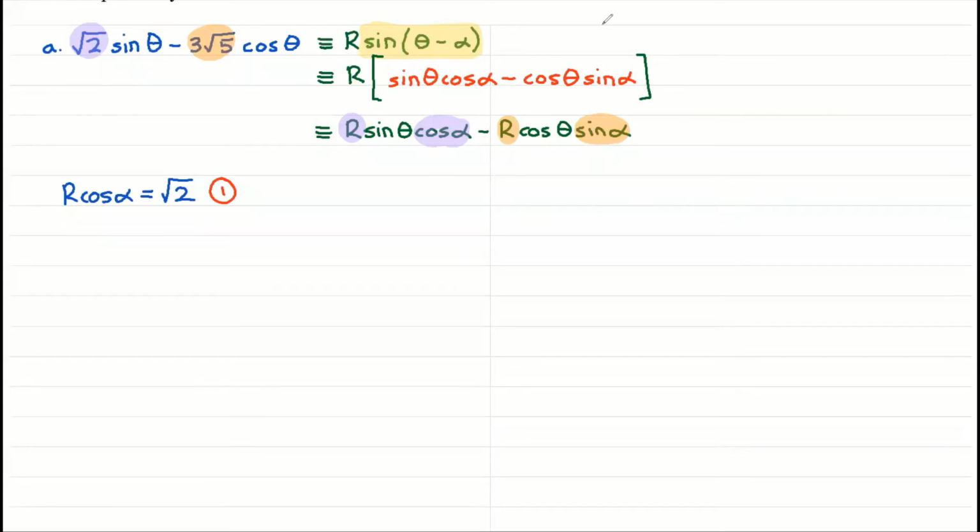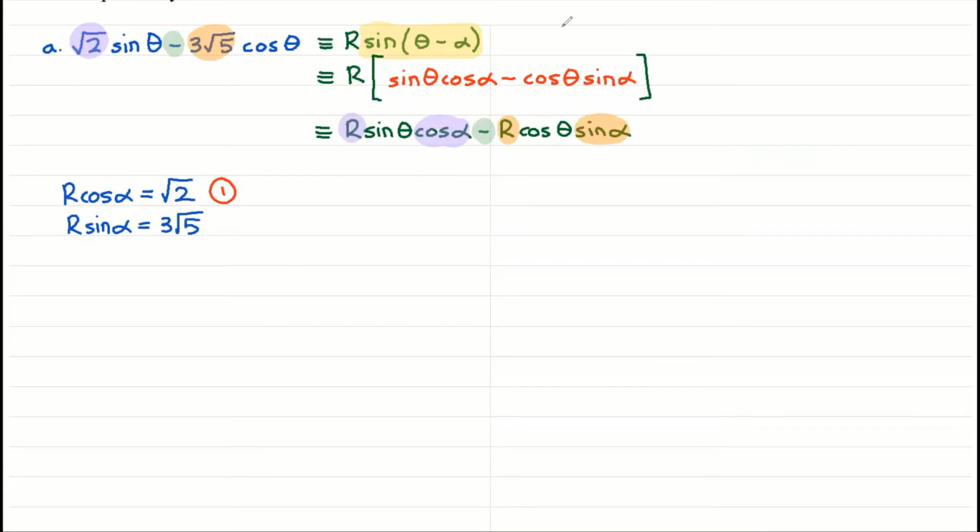It's because we have the negative right there on the left and the negative on the right, so you don't need to worry about that. All right, so let's write down another equation. So we now can say that r sine alpha must be equal to 3 root 5. Okay, and we'll call this equation 2.